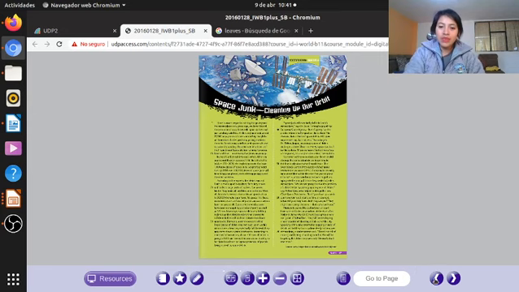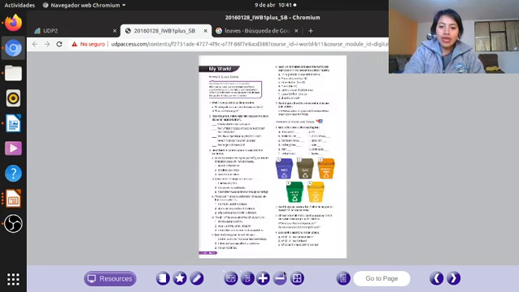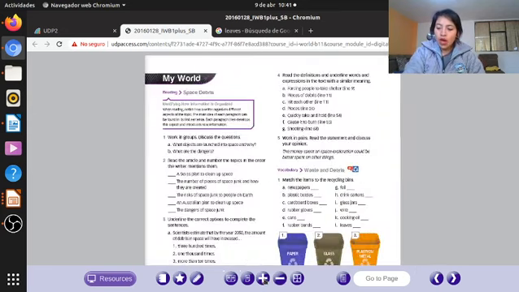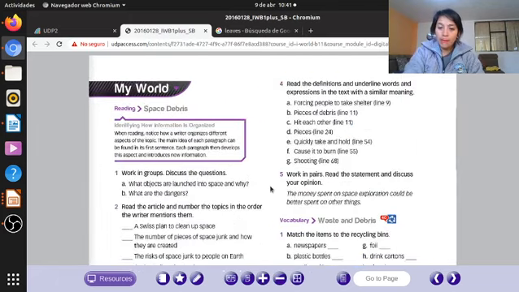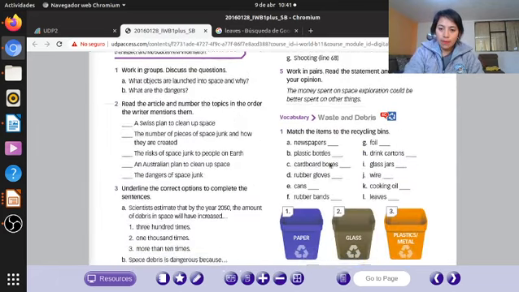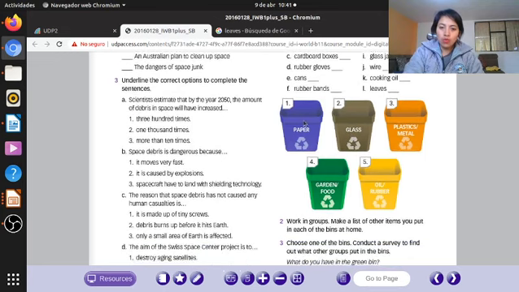Now, we are going to do exercise number 3. In exercise number 3, you have to choose one of the bins. One of these 5, right? A bin of paper, a bin of glass, a bin of metal or plastic, a bin of garden food, or a bin of rubber or oil, right?